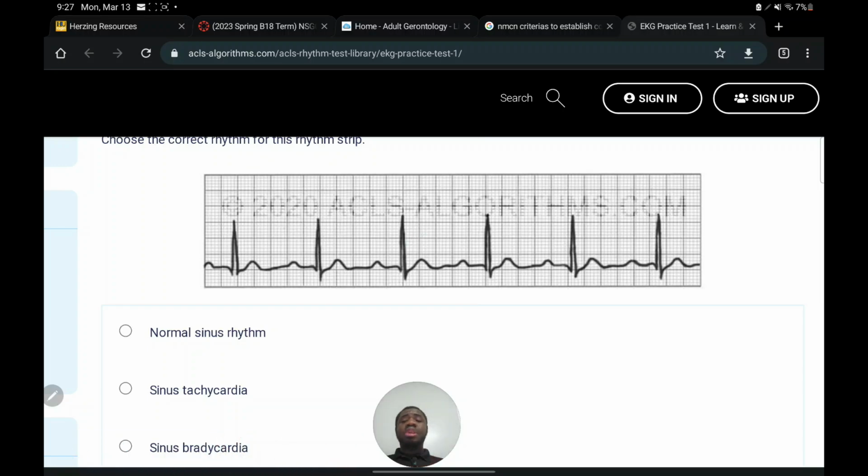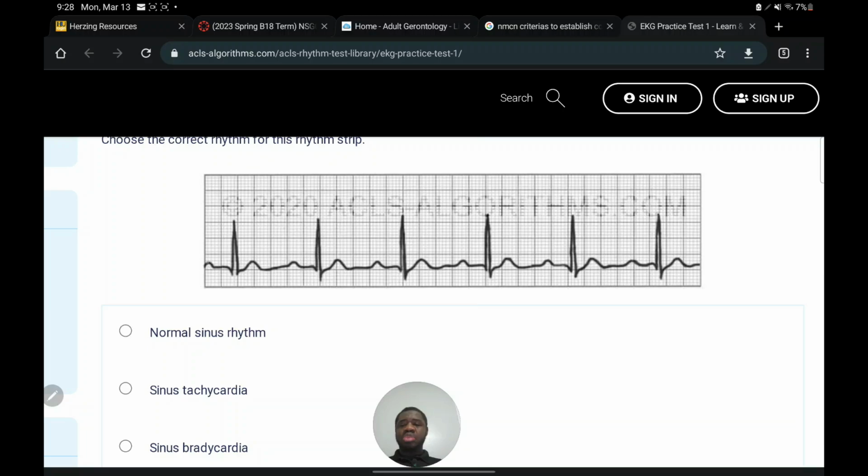Or we can count the number of boxes between the R's. 1, 2, 3, 4, 5. Each time, 5 boxes. You can see that the rhythm is regular in this case. And does this graph have P wave?